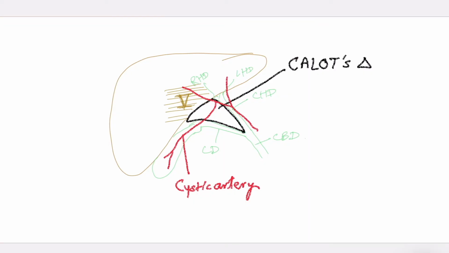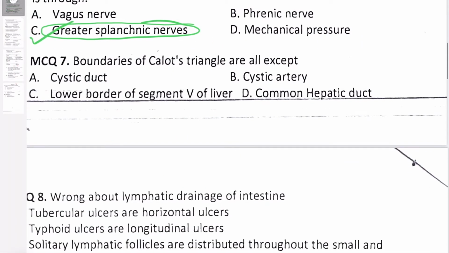There is one more content of this triangle, the cystic lymph node, also called the lymph node of Lund, L-U-N-D. So by now you must have understood that the boundaries of Calot's triangle are the cystic duct, lower border of segment 5 of liver and common hepatic duct. The cystic artery is not a boundary, it's a content. So the answer will be B.